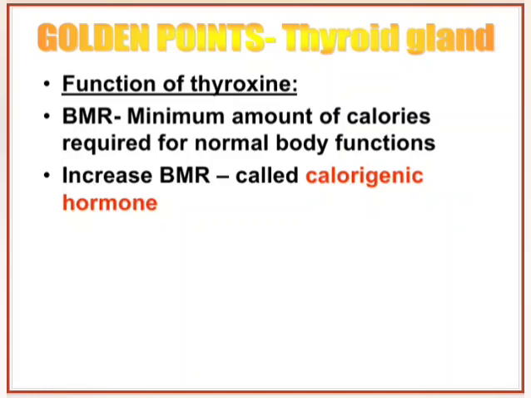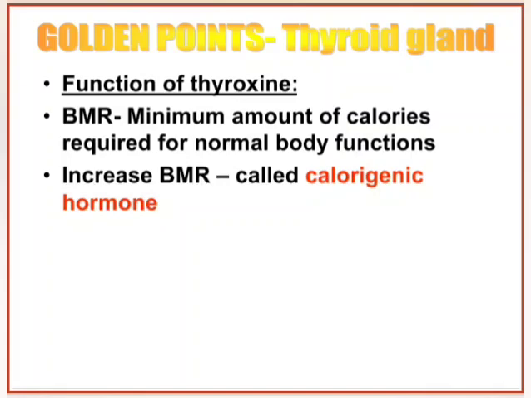For the normal physical activities, we need a little quantity of energy. That energy is produced from the minimum quantity of metabolism occurring in our body. So we define BMR as the minimum amount of calories, meaning energy, required for the normal body function. The thyroxine hormone increases the basal metabolic rate.